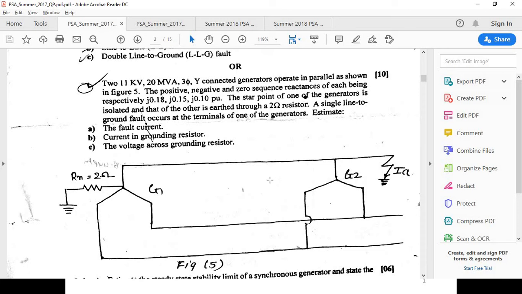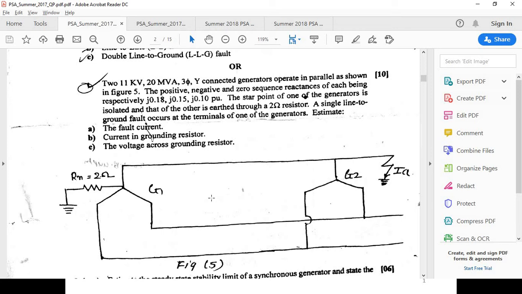The positive, negative and zero sequence reactances of each are respectively j0.18, 0.15 and 0.10 per unit. That is, the positive, negative and zero sequence reactances of both generators are same. The star point of one of the generators is isolated, that is generator 1, and that of the other is earthed through a 2 ohm resistor.